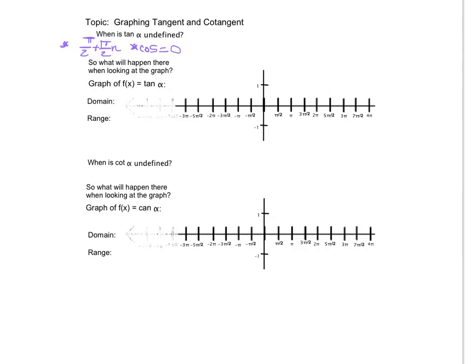There's a vertical asymptote. So all I'm going to do is I'm going to go to my table that I've already filled in, and I'm just going to draw in undefined vertical asymptotes with dashed lines for all my undefined places. And doing that, I get the graph will start to look like this.